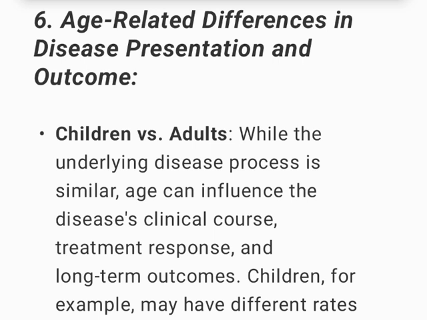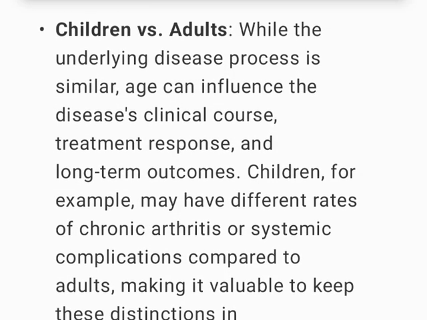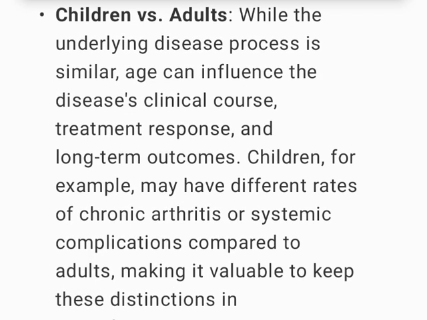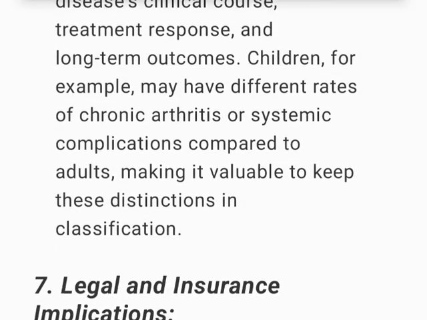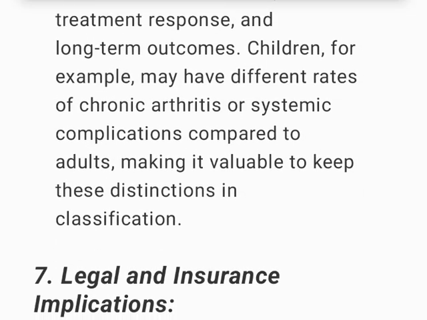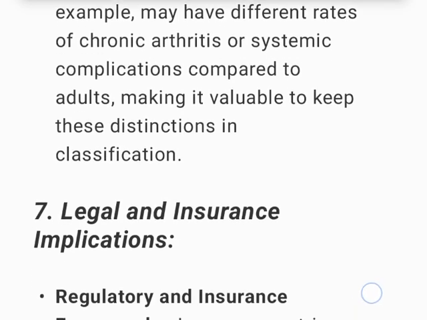6. Age-related differences in disease presentation and outcome. Children versus adults. While the underlying disease process is similar, age can influence the disease's clinical course, treatment response, and long-term outcomes. Children, for example, may have different rates of chronic arthritis or systemic complications compared to adults, making it valuable to keep these distinctions in classification. 7.